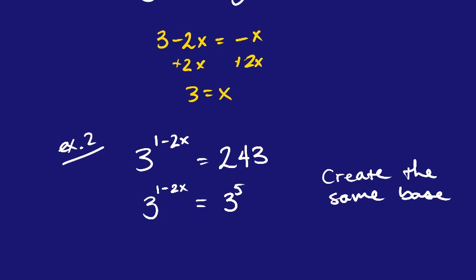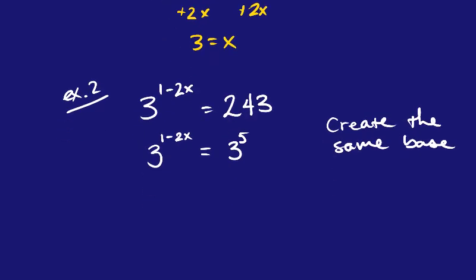Now I've created the same base, so I can set the exponents equal to each other. So 1 minus 2x equals 5. And then we can solve it. Subtract 1, negative 2x equals 4, divide by negative 2, x equals negative 2.